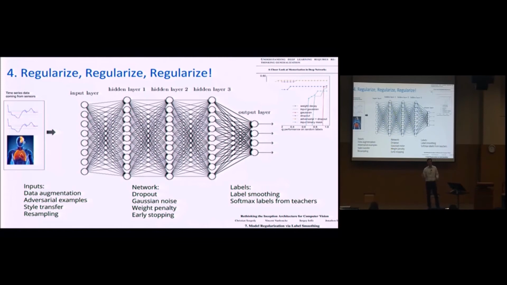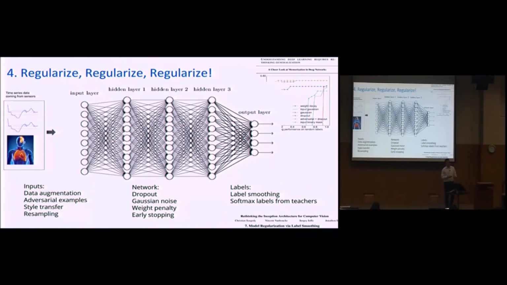We have time series data, and we don't want what we're doing to be reliant on the exact sampling rate or patterns of a particular signal or the exact timestamps of when things happen. The good way to avoid that is to do these things, and they're cheap to do. It's so cheap to generate a bunch of resampled versions of data, but it really helps to regularize and make sure that you're not overfitting your system.